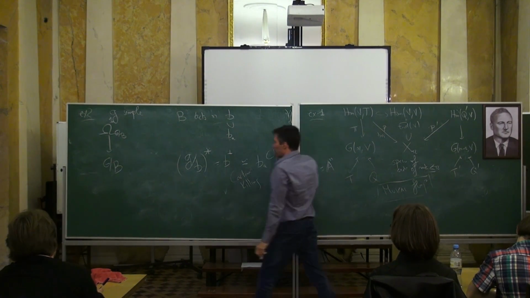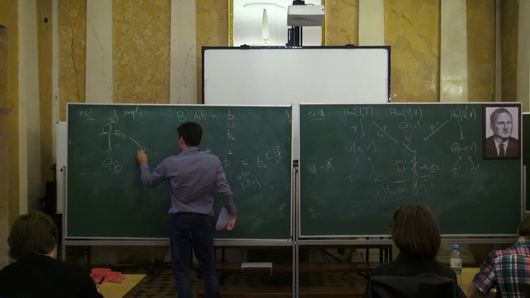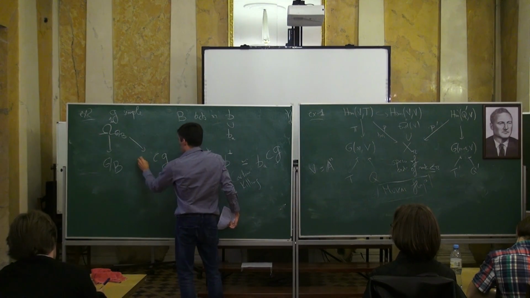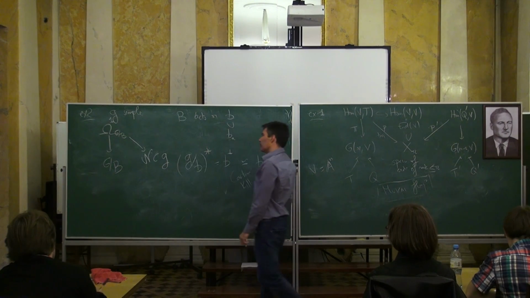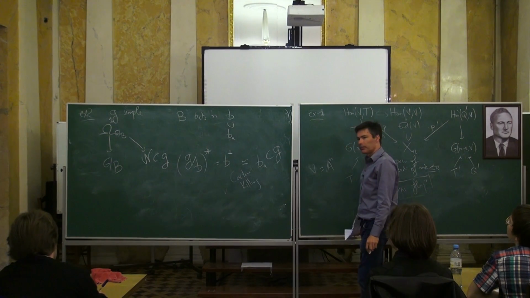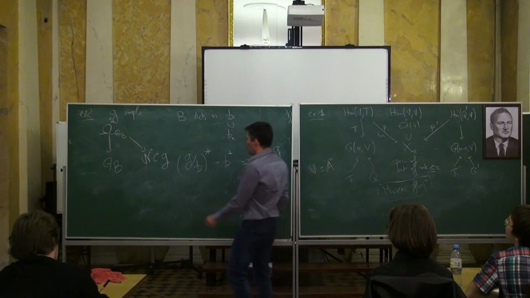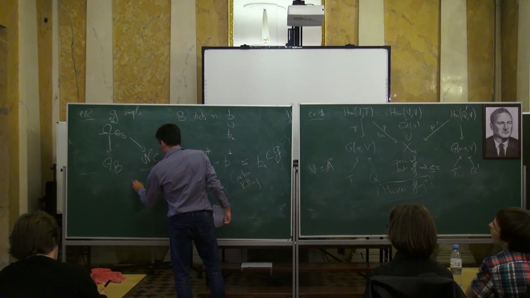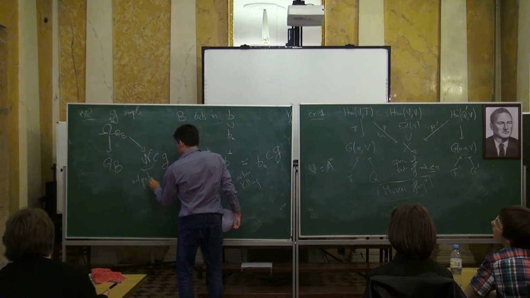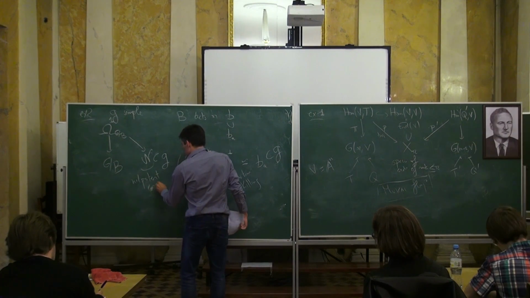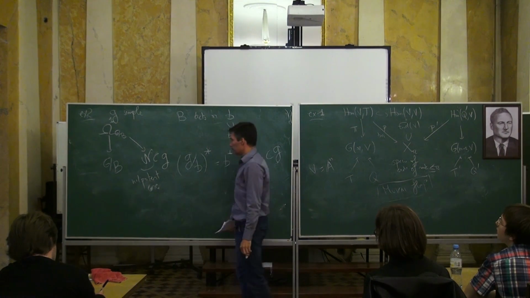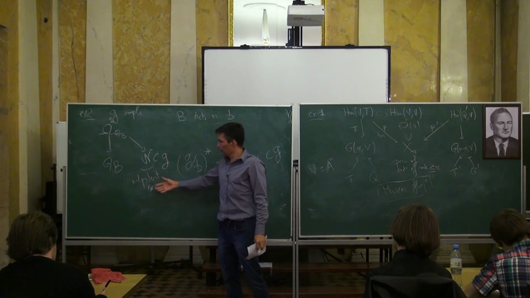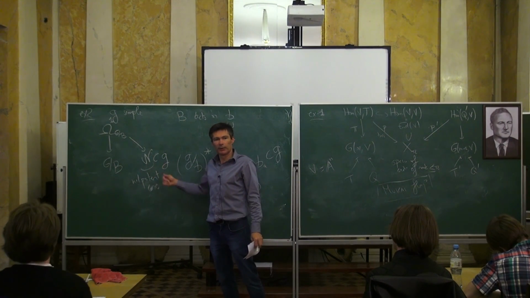And that construction gives us a map to G. And the image is denoted by N. So what you can prove is that N is what is called the nilpotent cone. It is the variety of all nilpotent elements in the Lie algebra.